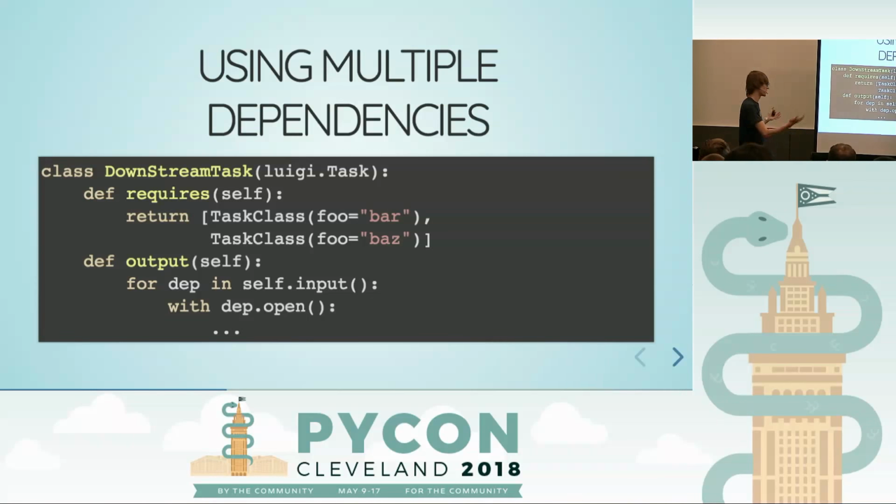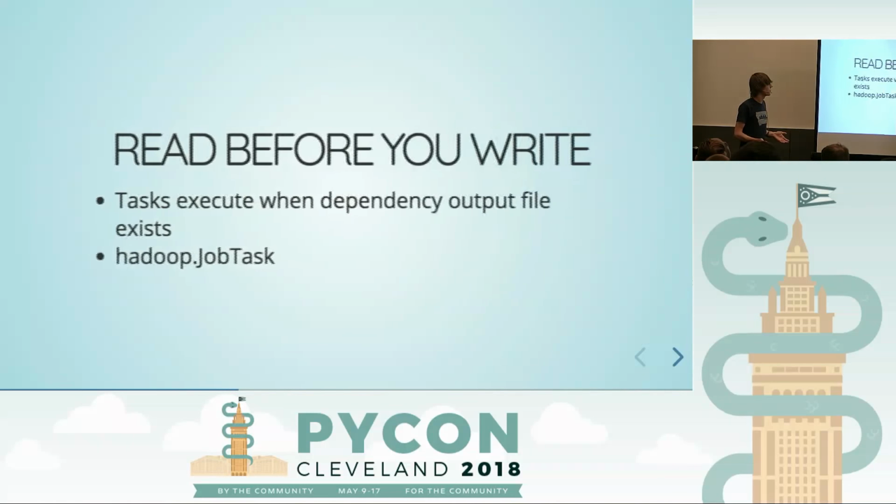And then you just do the same thing that you were doing before in your run method. So you loop through, you read, process, do whatever you need to, and then once you have all of your results, you can write that out as output. And that's all you have to do to use multiple dependencies.